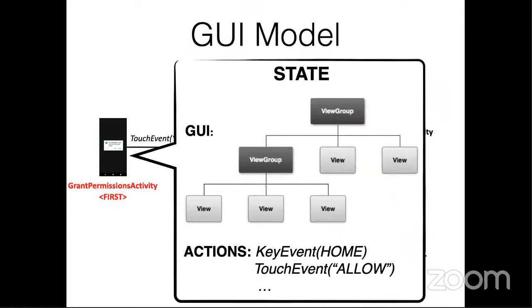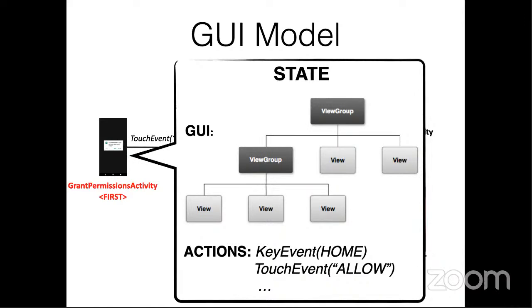A state in the model is defined by the elements called views that make up the GUI and by the sets of actions that are enabled in the current GUI. The idea is to distinguish states not according to the content of the screen, but according to the set of actions that are allowed.